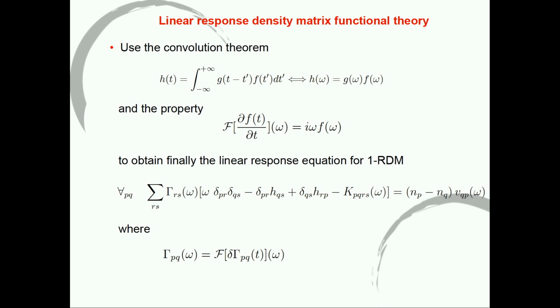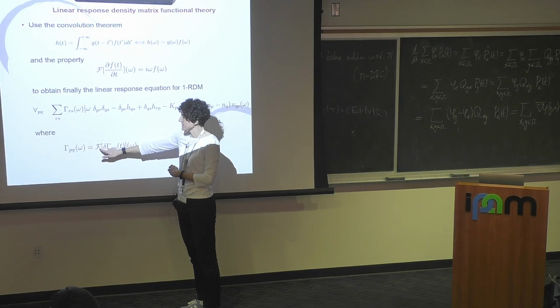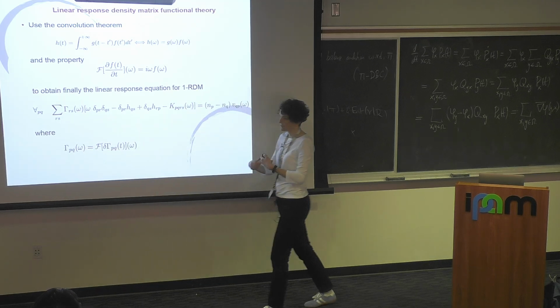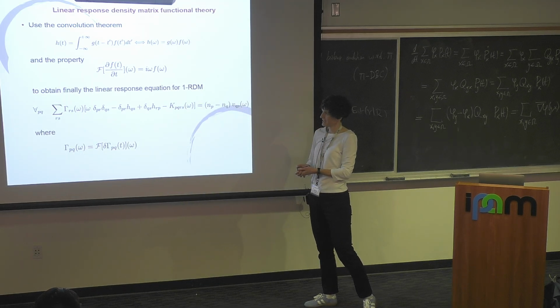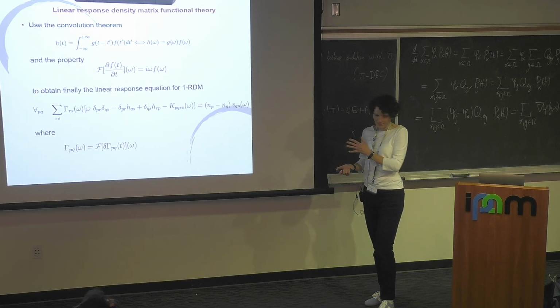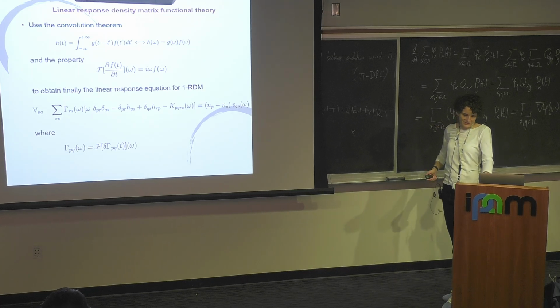The one electron density matrix, time-dependent, changes, right? That's the first order change, first order perturbation. Then we take a Fourier transform for convenience to work in the frequency domain. But as I said, we could stick to time. At some point we have to switch to frequency because it makes the equations simpler.